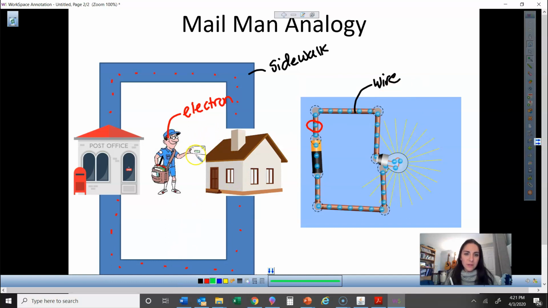Now, the other very important feature of this is the energy. This is energy, the envelope. Now, this is why I like this, because in the electron, it doesn't look like it's carrying energy, but electrons are energy carriers.